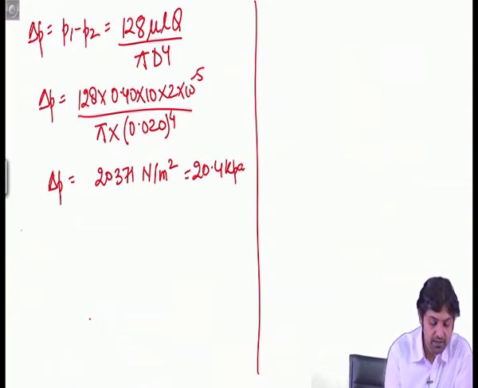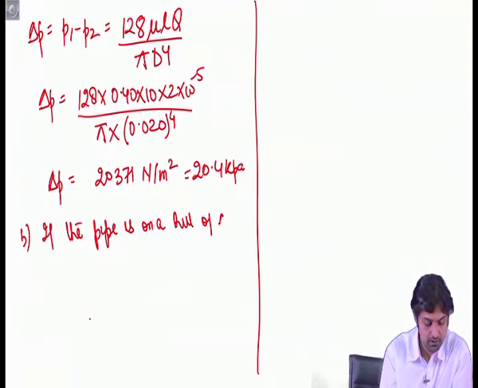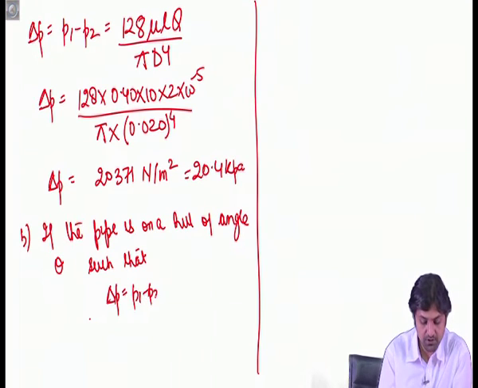The second part says, if the pipe is on a hill of angle theta such that the pressure drop P1 minus P2 is equal to 0.